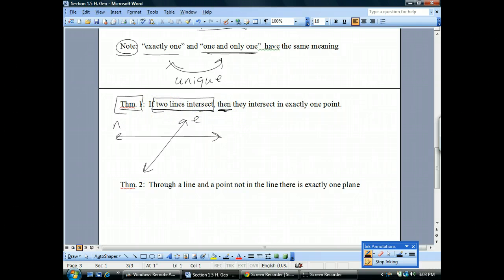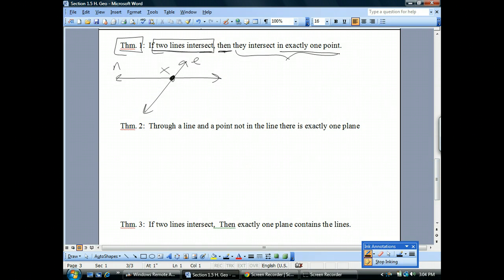Then the conclusion is guaranteed. They intersect in exactly one point. So the one point they intersect in is right here. We're going to call that point X. Okay? So any 2 lines that intersect, they intersect in exactly one point. One and only one point.